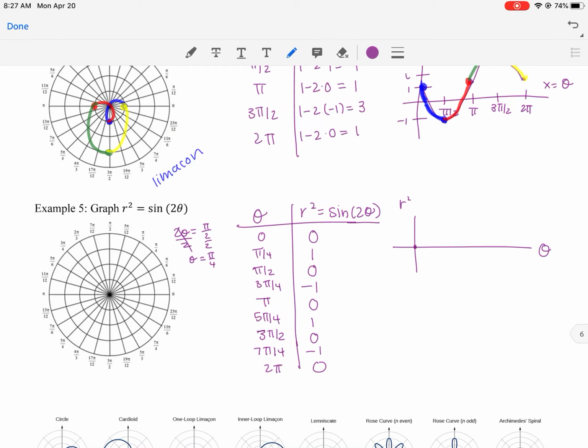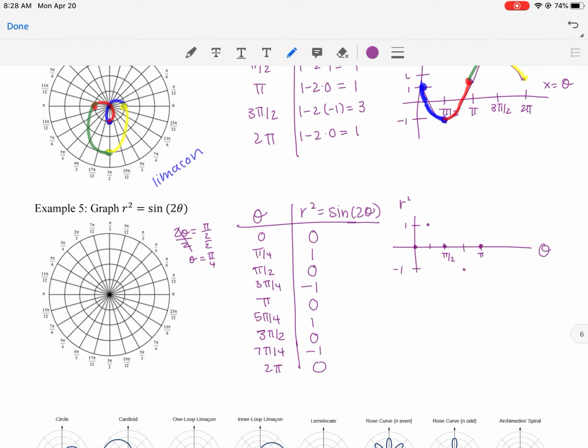So if we were talking about r squared, then we're saying, okay, we start at 0, 0, and at pi fourths, we go up to 1. And then maybe I should actually label every pi halves. So at pi fourths, we go up to 1. At pi halves, we're back to 0. We can also label a negative 1, so we'd go down to negative 1.